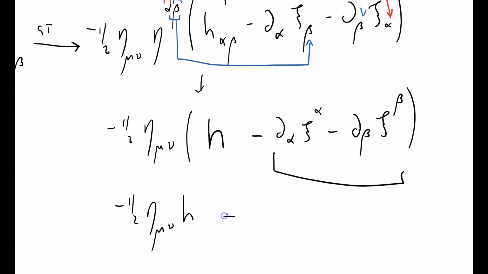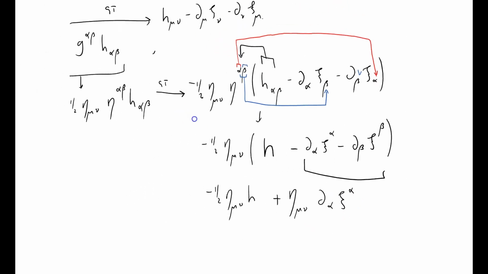That's that. Plus, because a minus times a minus is a plus, and we've got two things that are the same, we've got eta, because 2 halves are 1, eta mu nu times di alpha psi alpha. Whew, that's nice.